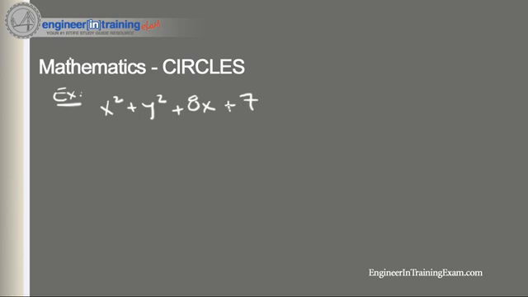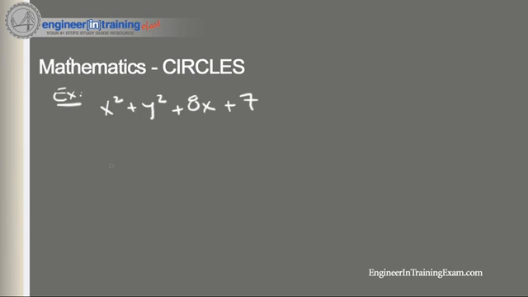Now when we first glance at this equation, we obviously hope that it's going to already be in the standard form, so we can quickly just pick out the necessary information that we need, which is the radius and the center of the circle. But in this case, obviously it is not, so we do have a little work to do.